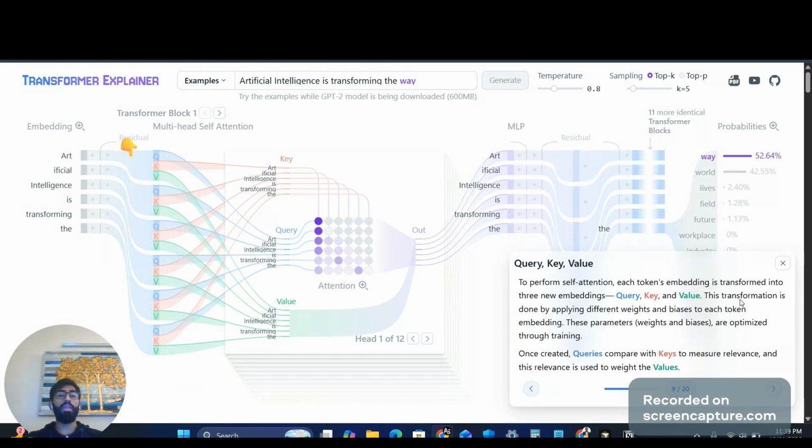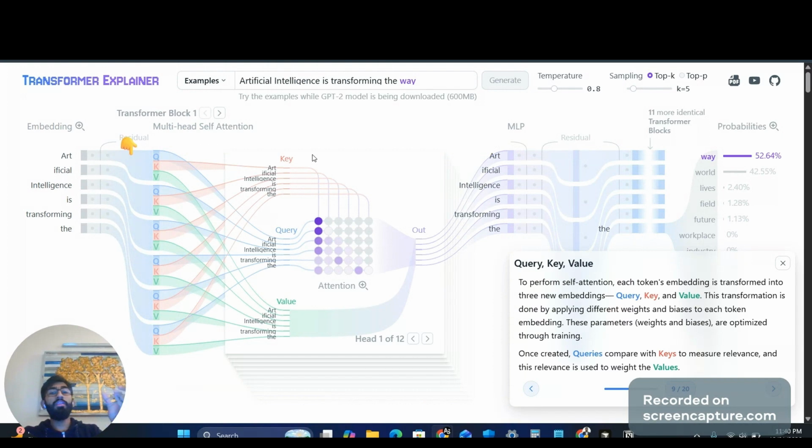So essentially, these embeddings go into three sub-embeddings. For example, art will go into key, art will go into query, art will go into value. Same thing for all the other words. And after the activation of those neurons, a weight is assigned to each token, the information, the number of that weight of each token.